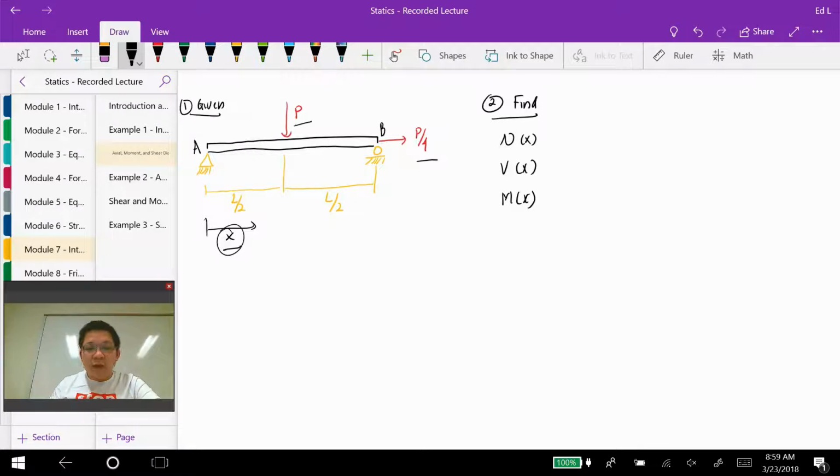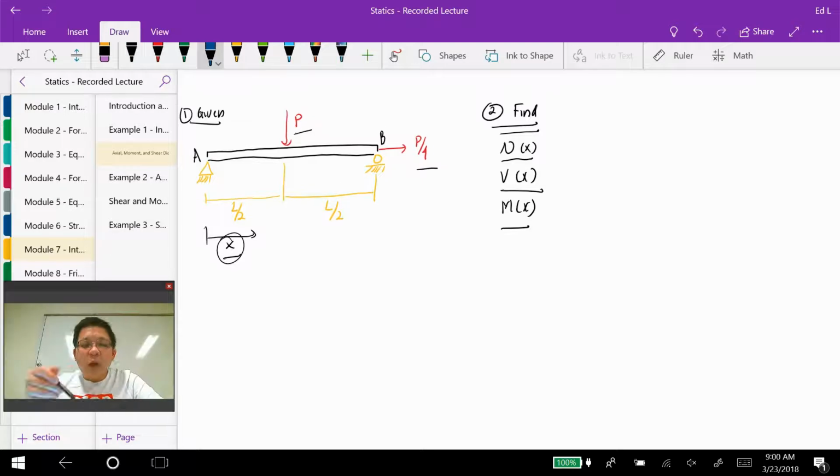Because remember, here we are going to develop the equations or functions in terms of x, such that what we are going to find is the internal force equations. Here, N(x) is the axial force equation, V(x) is the shear equation, and M(x) is the moment equation, that describe the internal axial force, shear and moment along the beam under the action of these forces.